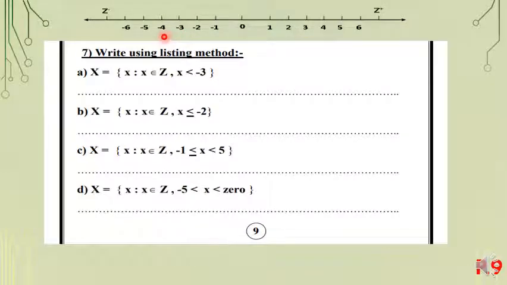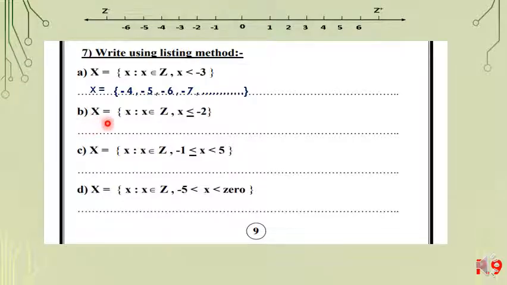We have negative 4, negative 5, negative 6, and so on. So to write it in the listing method, we need to open braces, write the elements which are negative 4, negative 5, negative 6, negative 7, and we must write these dots to represent and so on, and we need to close the braces.